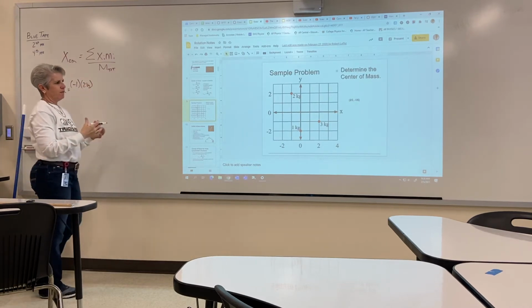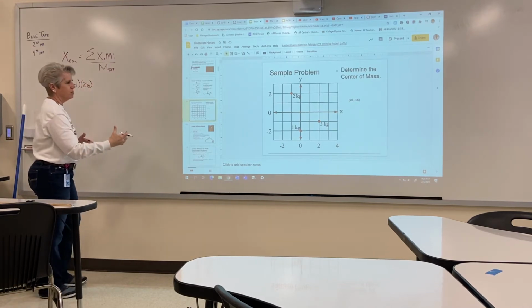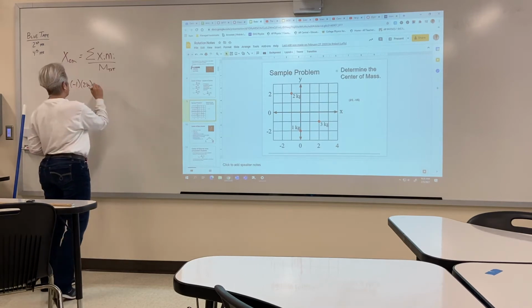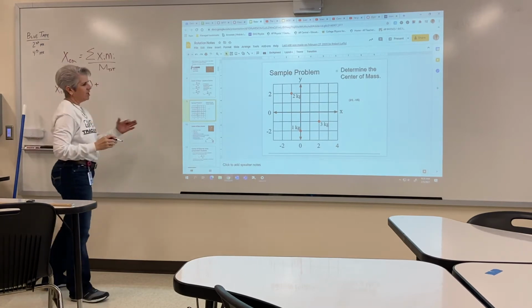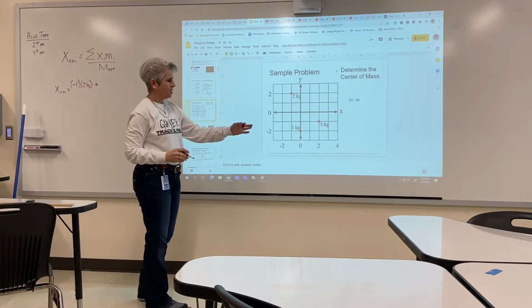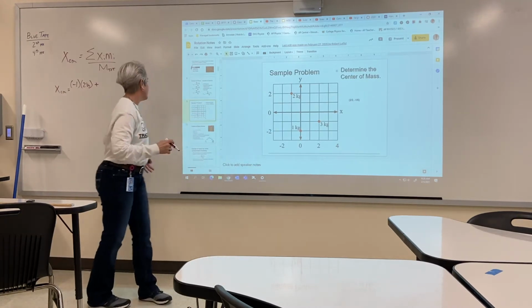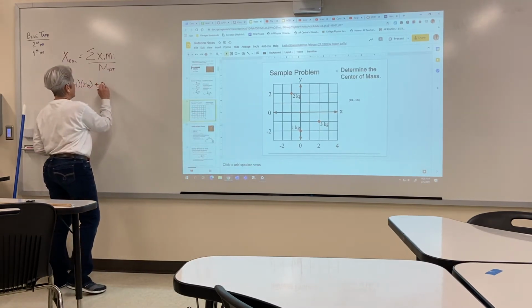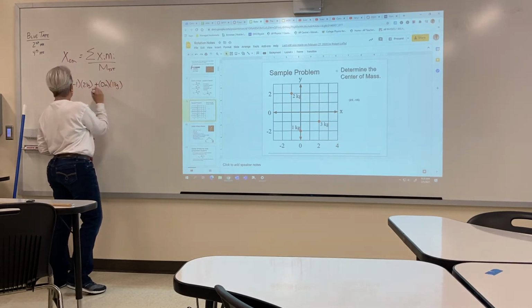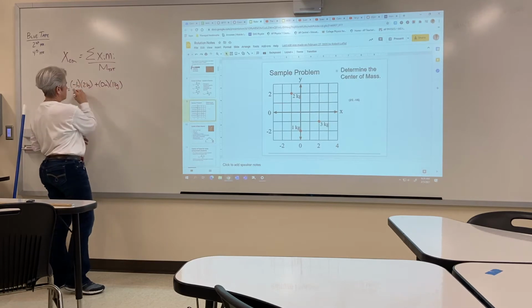And then we want to do that for each of the other points. So if we look at the 1 kilogram dot, plus the X position of that 1 kilogram dot is 0 because it's lying on the y-axis. So it's going to be 0 meters times 1 kilogram. This was -1 meters times 2 kilograms.